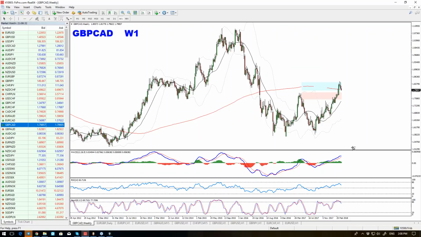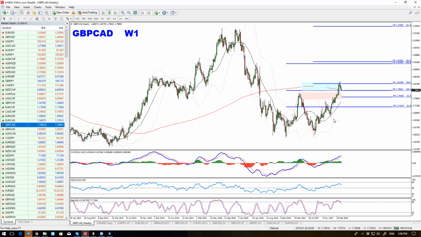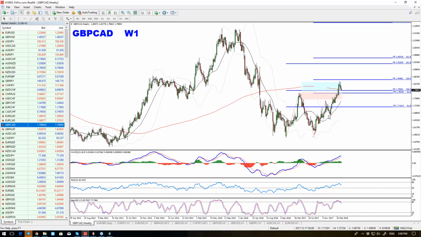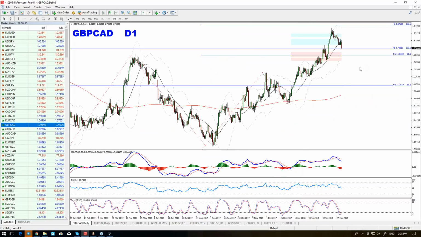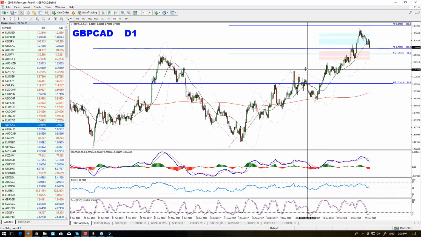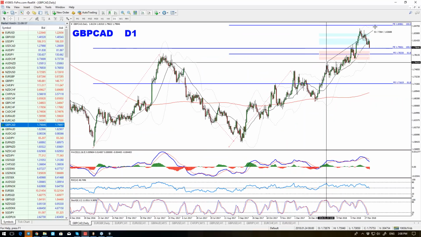What do we have in terms of cycles here for this pair? The 100% on this one and the 100% on the second leg, which is a daily cycle. This is our zone. The divergence here is in play, and the divergence on the daily cycle is in play as well.